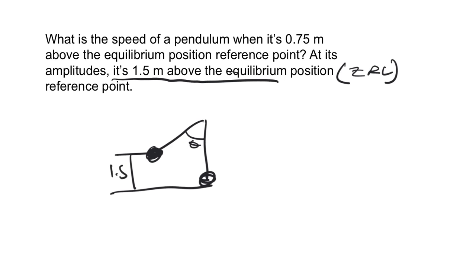But I want to know when it's at the 0.75 mark, which is half that. When it's right there, the height would be 0.75, let's call it H2. So the height is 0.75 at that mark.